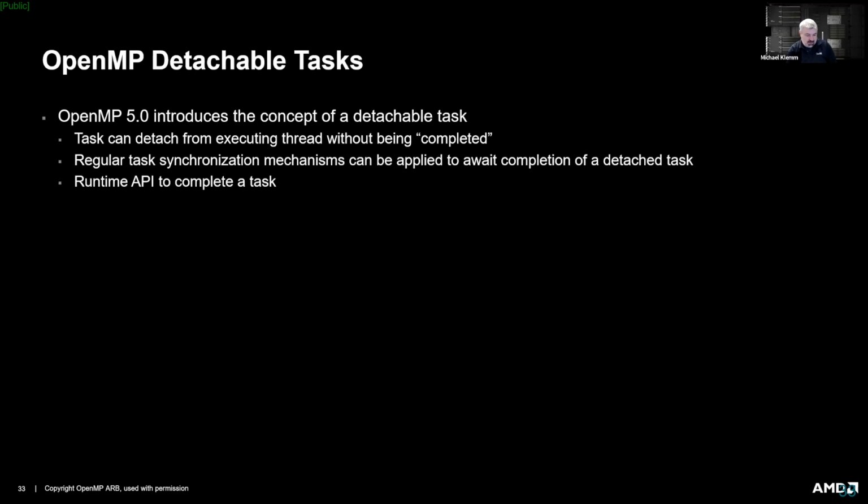That task will make its contribution when it is considered completed. And then it's also gone from the system. Task descriptors are being released, and everything that the task was about has been given back to the OpenMP runtime system.